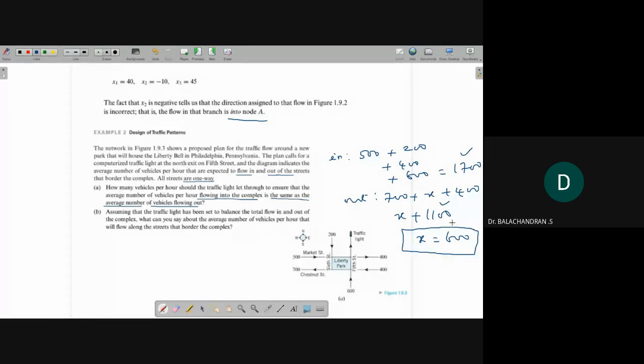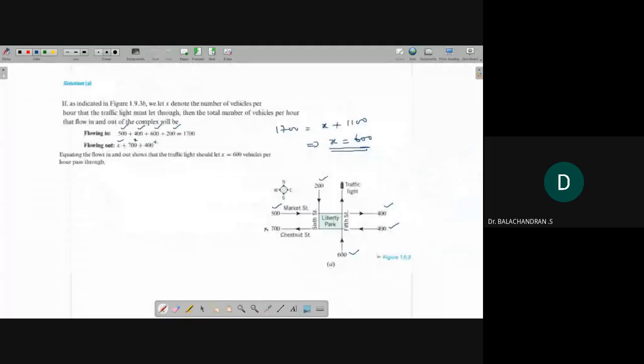The answer is very simple, okay, but the only thing is you should understand the question. As indicated, this is 1.9.3a, and 1.9.3b is the next slide. So we let x denote the number of vehicles per hour that the traffic light must let through.